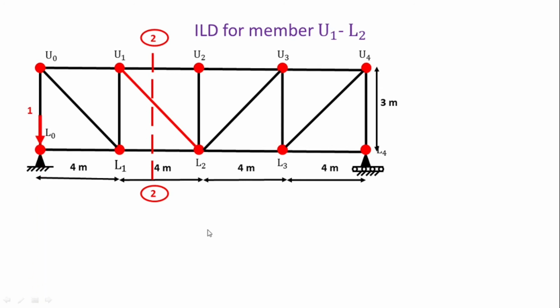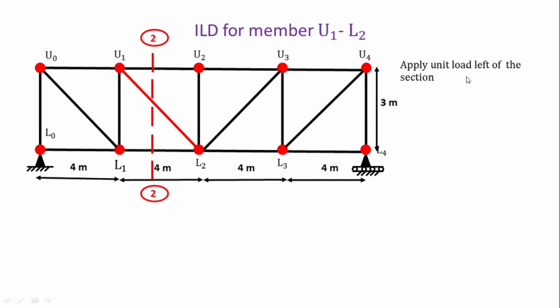So again here we have to apply the unit load on all the joints, that is on L0, then apply load on L1, then again apply load on the L2, then on the L3, and again apply the unit load on the L4, and find the forces in the member U1, L2.